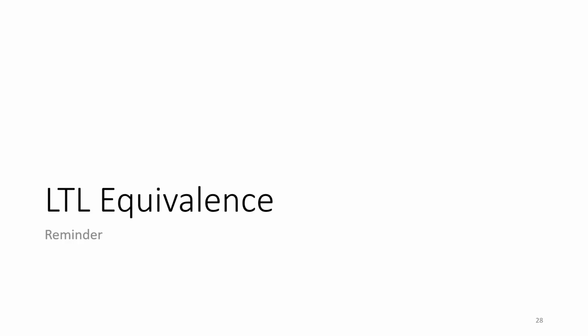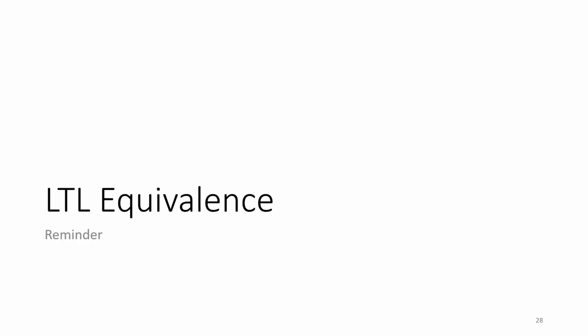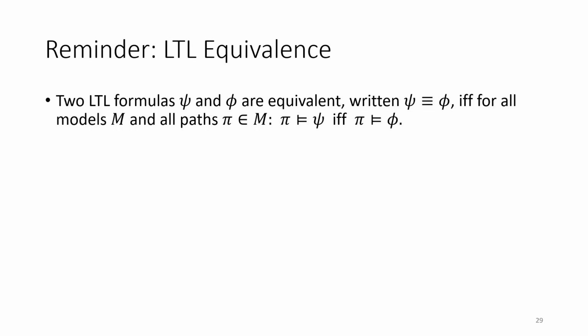Okay, now a quick reminder about LTL equivalence. When we looked at the first part, before we looked at model checking, we looked at LTL. And then we had some LTL formulas where we said these might be equivalent. They might be satisfied for all models and all paths.